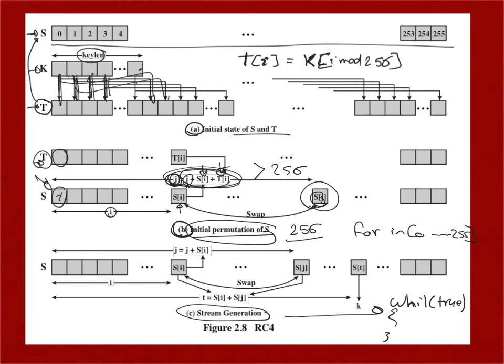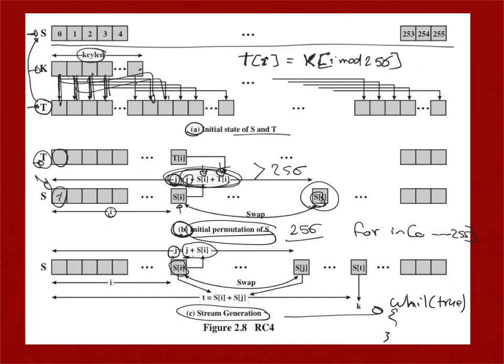And then all we need to do is just to say j equals j plus si. So here, the I, again, increments, but I here recycles. It's while true. I recycles, and every time you calculate j based on the previous value of j plus si, and then swap.